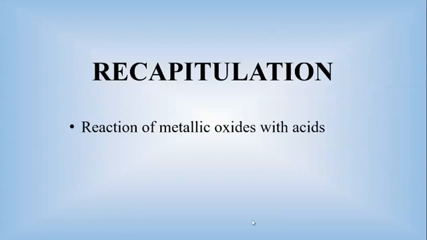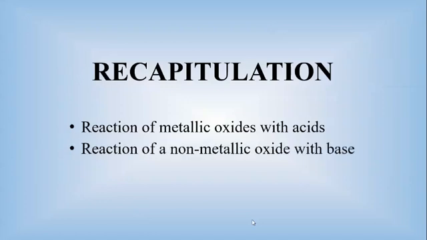So let us have a quick recapitulation of what we learned in our previous class. Today we'll be discussing the chemistry part. In our previous class we learned about the reaction of metallic oxides with acids, and then the reaction of non-metallic oxides with bases.